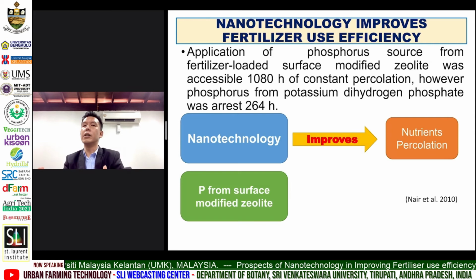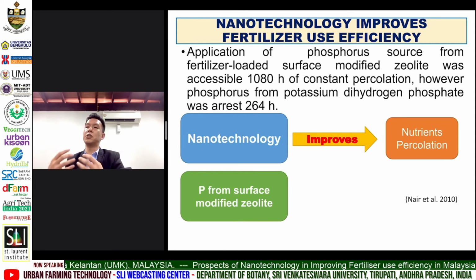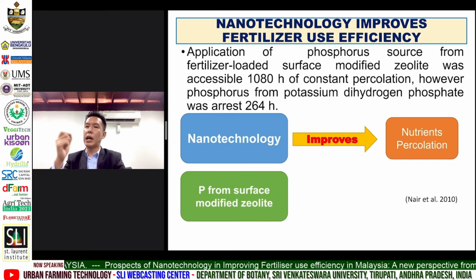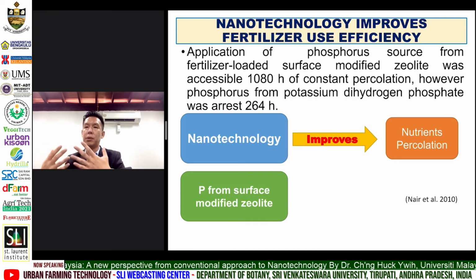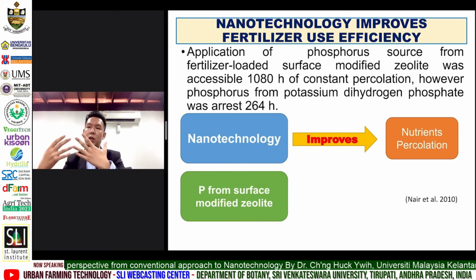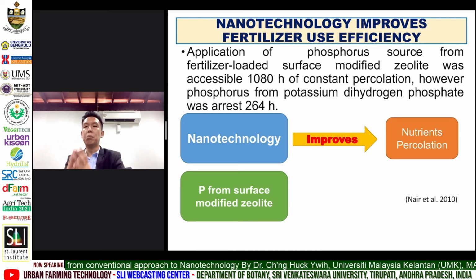Yet again, this approach is very suitable in Malaysian acidic soil, because once we release the phosphate ions slowly from the surface-modified zeolite, it can reduce the chances of them being fixed by aluminium and iron ions, which are positively charged. And once it reduces the fixation of P, it will enhance the availability of the nutrients for plant absorption and thus significantly improve the fertilizer use efficiency of phosphate fertilizer.